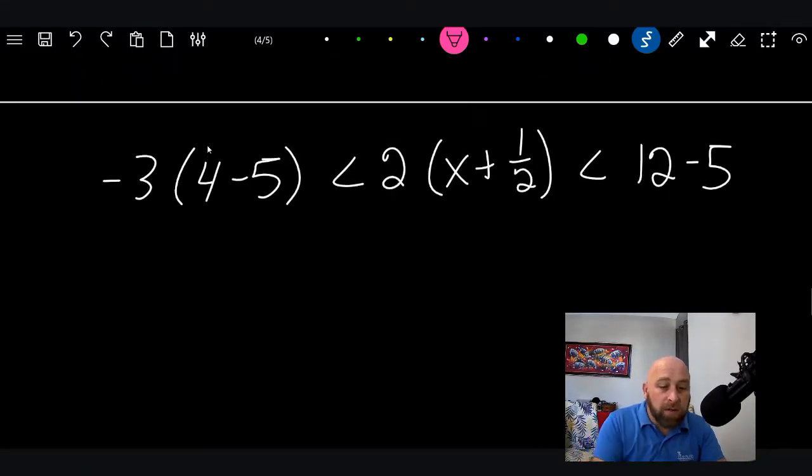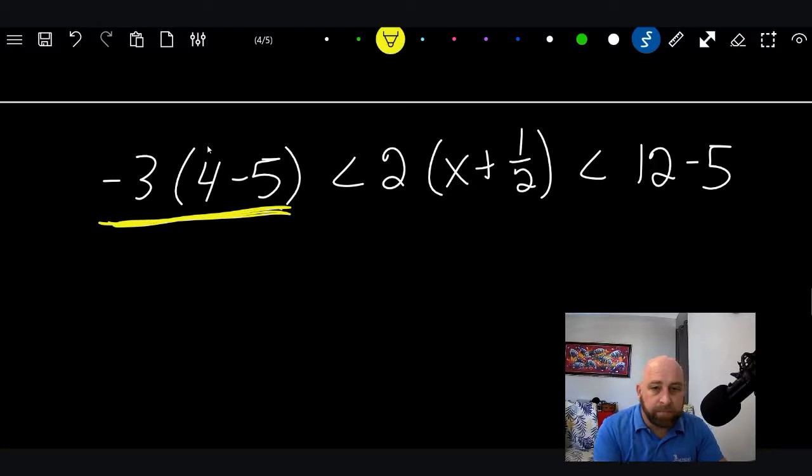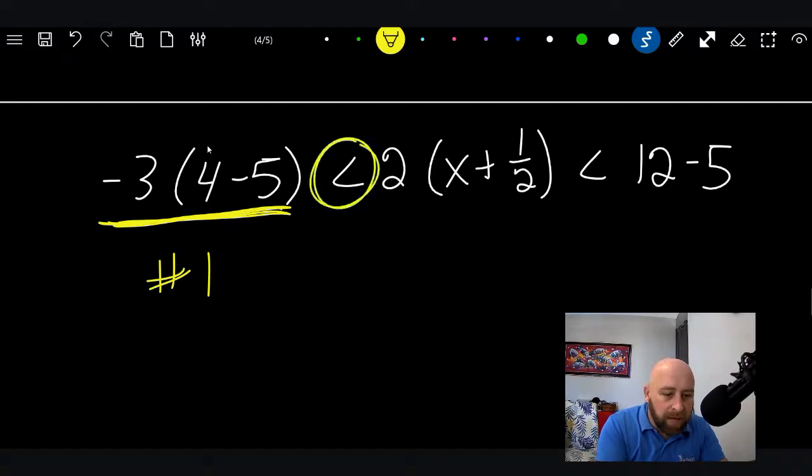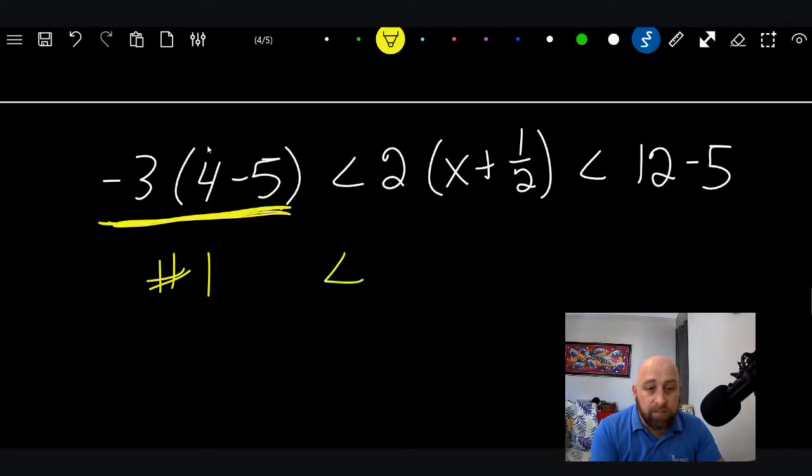And what we want to do is, first of all, let's identify what we're looking at. Look, I have a piece right here. We're going to call this the first part. That's number one. Now look what we have here. We have a sign, our greater than, less than in this case. It's a less than sign, okay? And then look what we have.